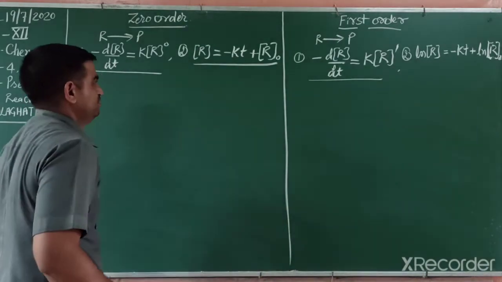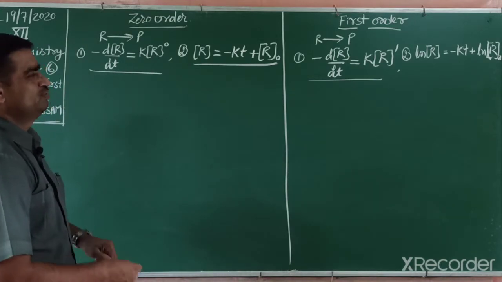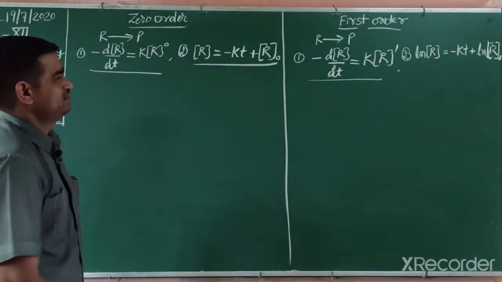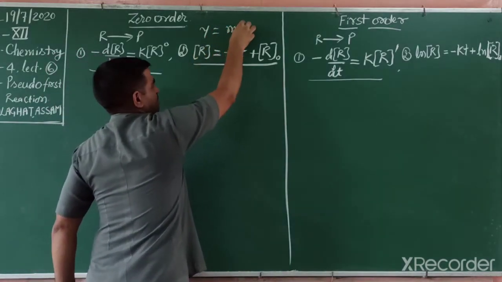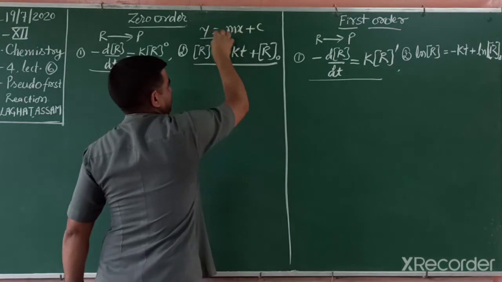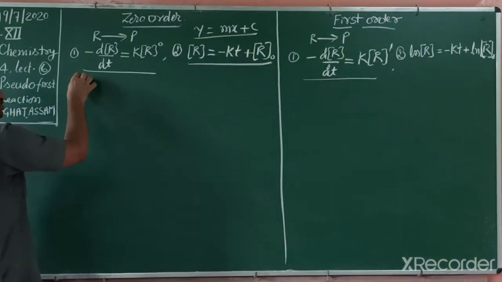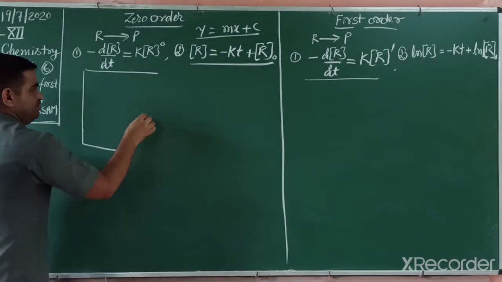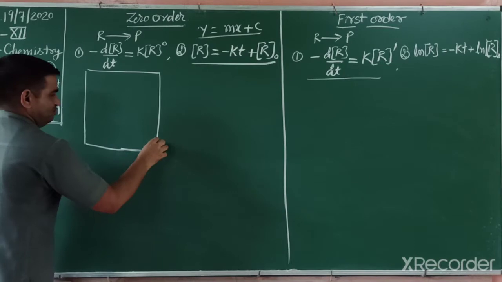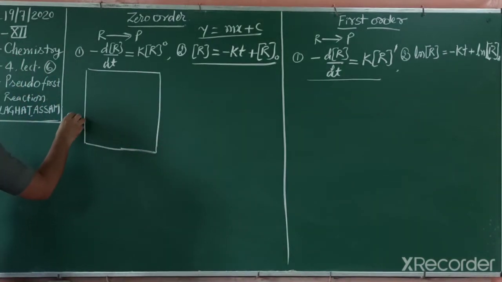Now we represent both graphically, because these reactions are like the straight line equation, y is equal to mx plus c. Already we know this. So for zero order, how can we represent? Suppose, students, this one is a graph paper. On this graph paper, on the left side we write concentration, and on this side we write time.